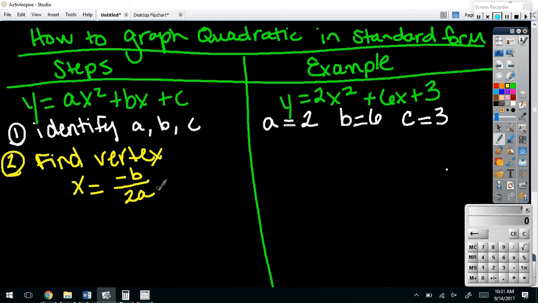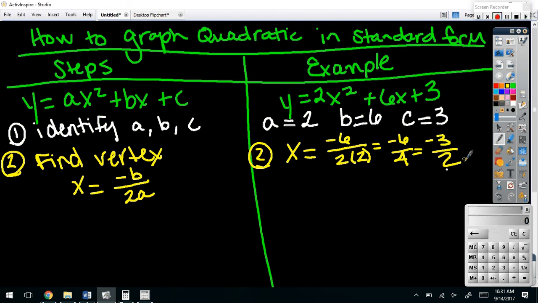So if I find the x, then I also have my line of symmetry. Over here, x equals -6 divided by 2 times 2, which is -6 over 4.